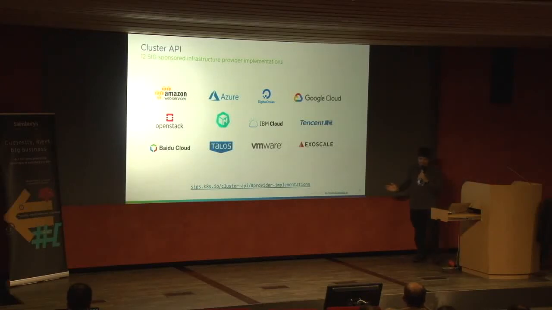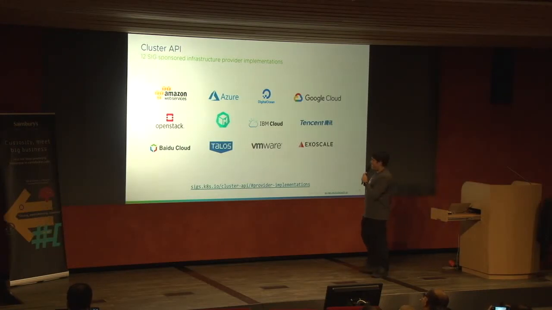And it turns out that quite a few people have come along this crazy journey with us. I'll go through what it looks like. The special interest group within Kubernetes that looks after Cluster API has a number of projects within it, one for each different type of infrastructure.